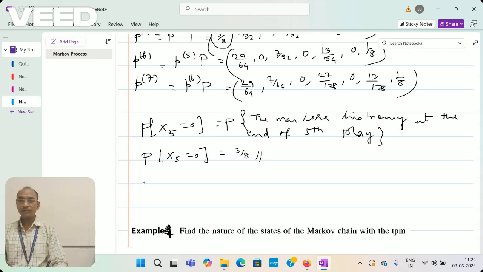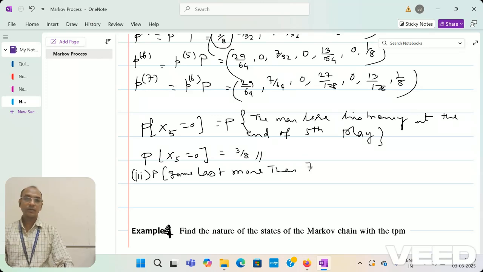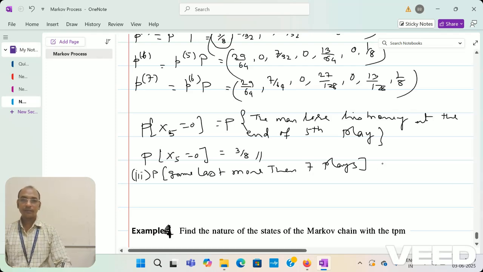So what will be the thing? The third thing is the probability the game lasts more than 7 plays, and that is equivalent to saying probability x7: after the end of seventh play he may have rupees 1, 2, 3, 4 or 5.